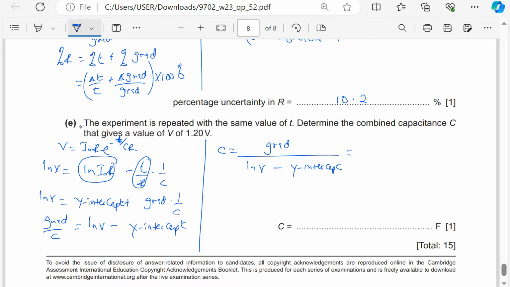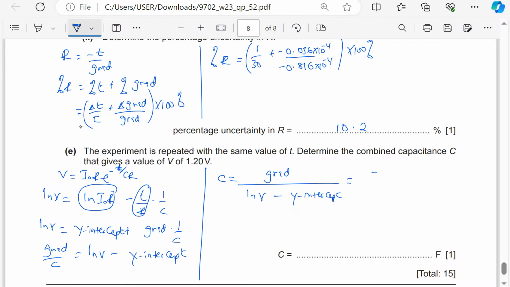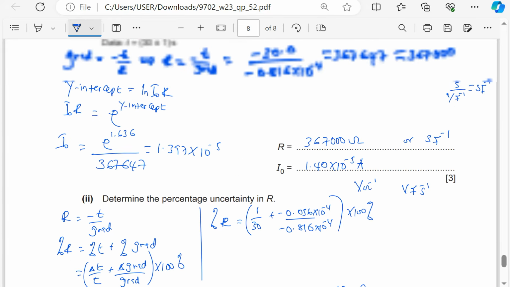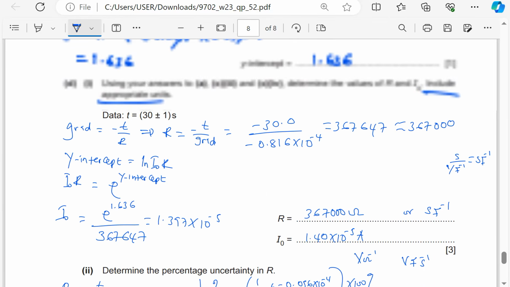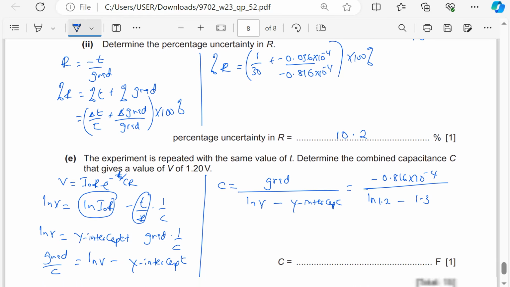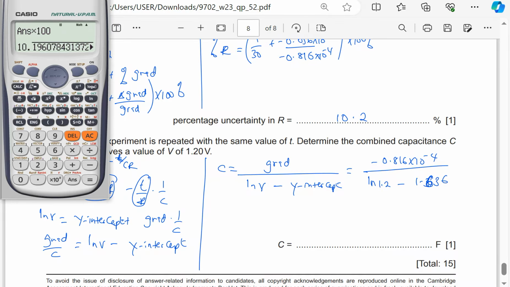So I will substitute. Remember, the gradient was negative 0.816 times 10 to the power of minus 4 divided by ln of V, which is ln of 1.2, minus the y-intercept, which is 1.636. I have to first check the denominator, ln of 1.2.